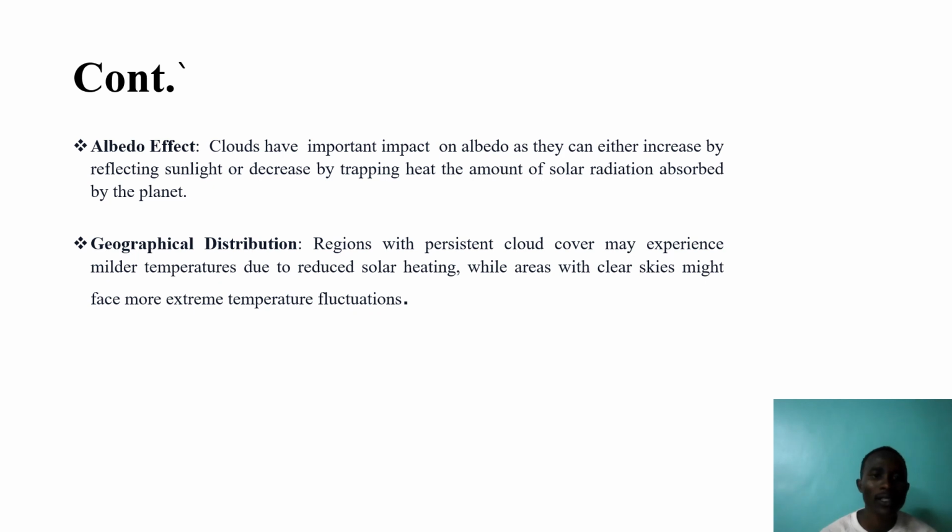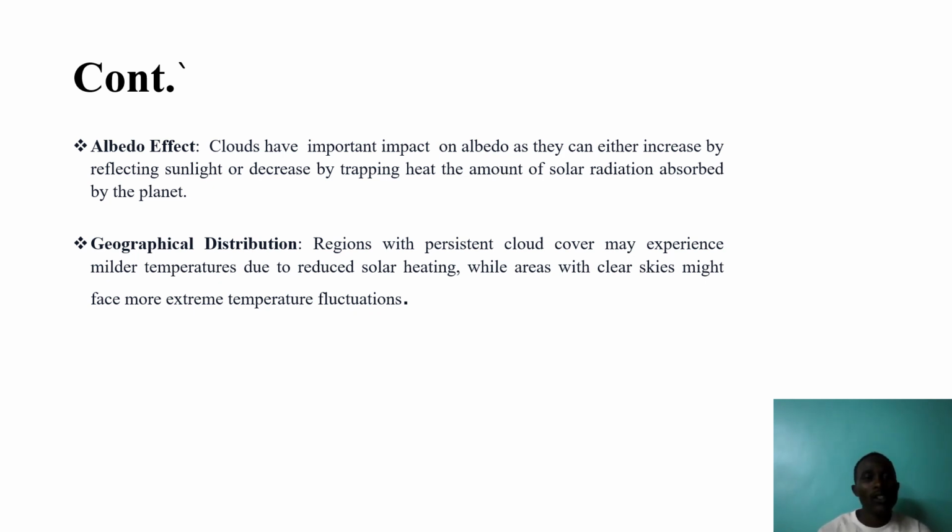Clouds have a very important impact on albedo, as they can either increase it by reflecting sunlight or decrease it by trapping heat, changing the amount of solar radiation absorbed by the planet. Clouds are important in decreasing the sun's radiation which reaches the earth, or decreasing the amount of solar radiation absorbed by the planet by trapping it.